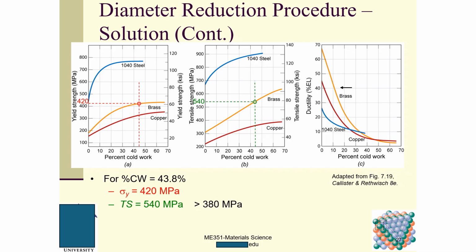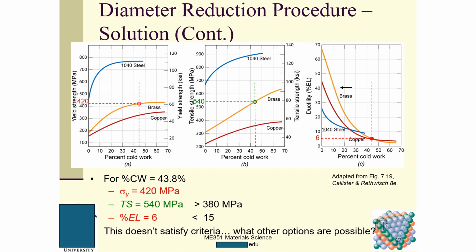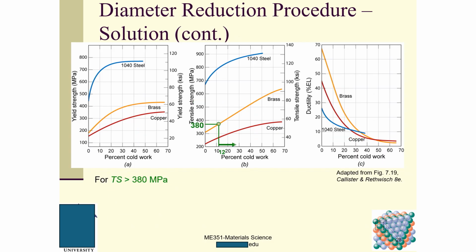For this percentage of cold working, we have yield strength 420 megapascal, tensile strength equals 540, elongation equals 6. This does not satisfy the criteria. What other options are possible? For TS greater than 380 megapascal, we can have 12% CW, TS 380.